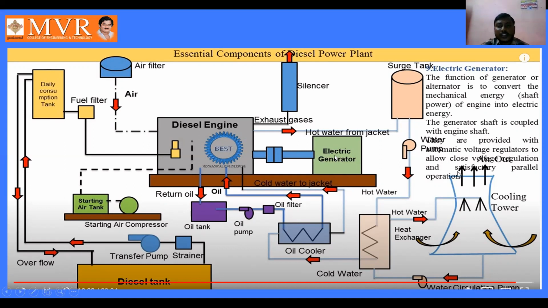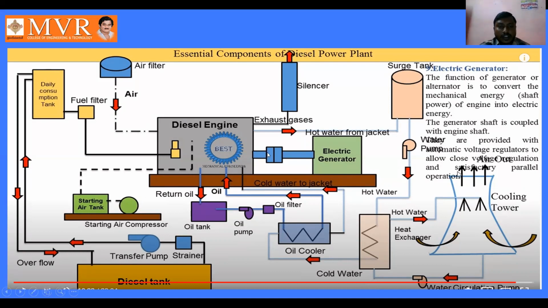The generator is used in diesel power plants to convert mechanical energy into electrical energy using the shaft. When the shaft rotates, the mechanical energy is converted into electrical energy. The generator shaft is coupled with the engine shaft.